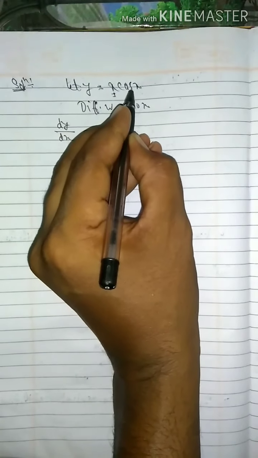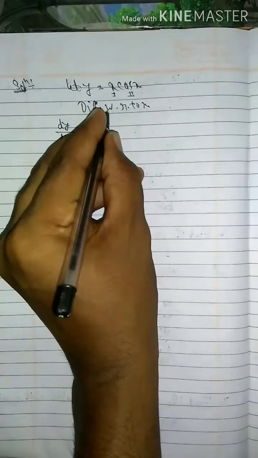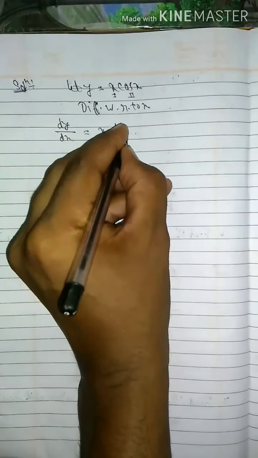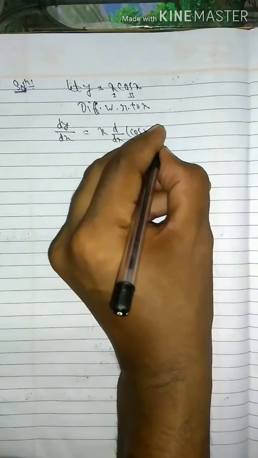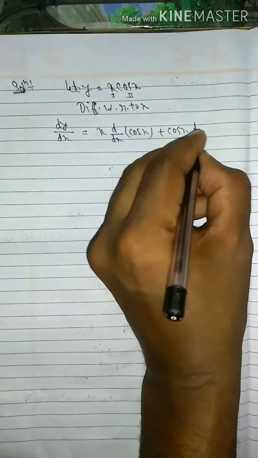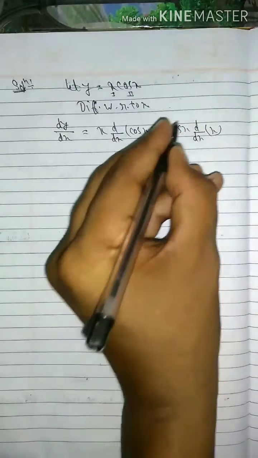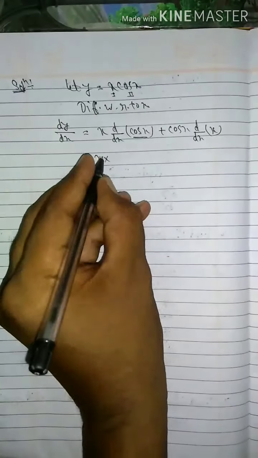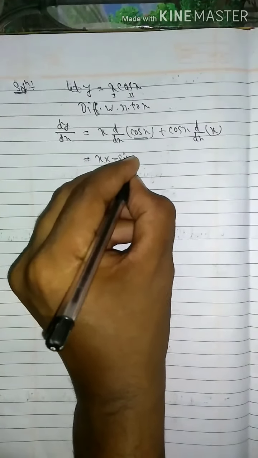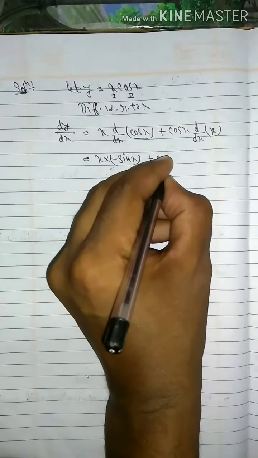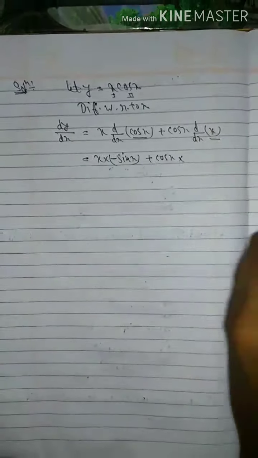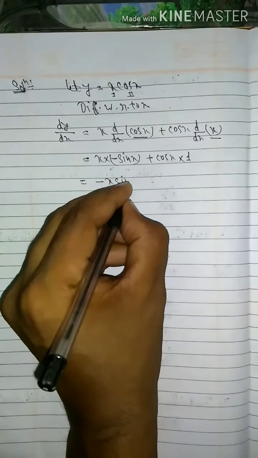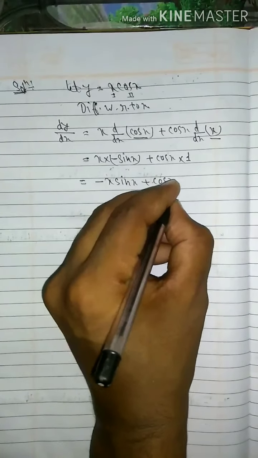So using the product formula, the first function into dy by dx of the second function plus the second function into dy by dx of the first function. So x into the derivative of cos x, minus sin x, plus cos x into the derivative of x, which is 1. So we get minus x sin x plus cos x.